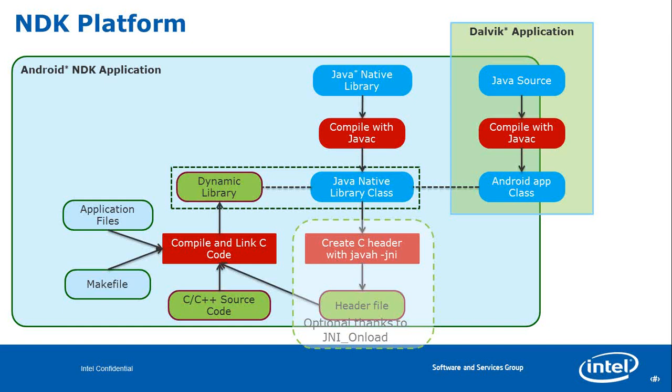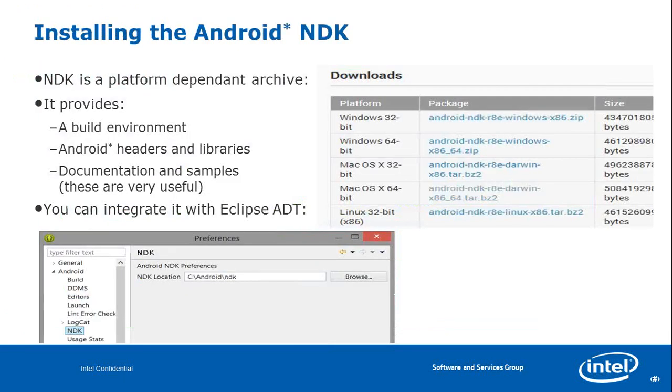These are some of the basic steps of how you install the NDK. You can always go to the Android developer website, where there is an archive from which you can download the NDK for the platform you are trying to build on, be it Windows 32 or 64, Linux, or Mac OS.